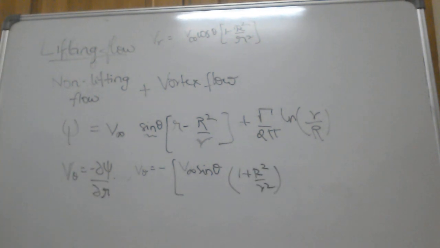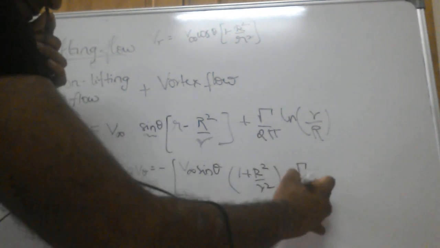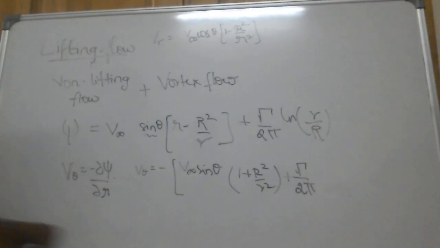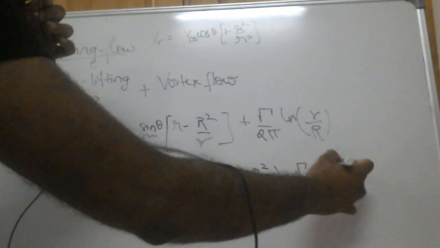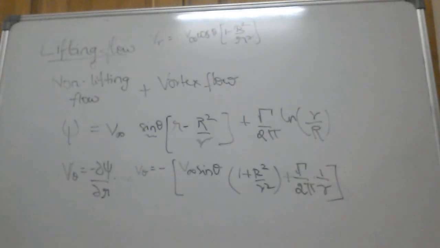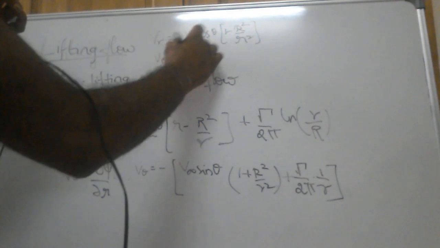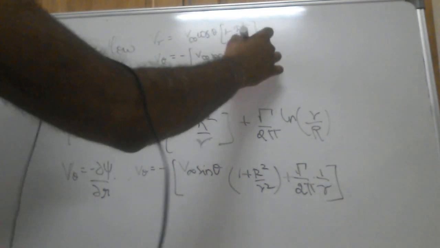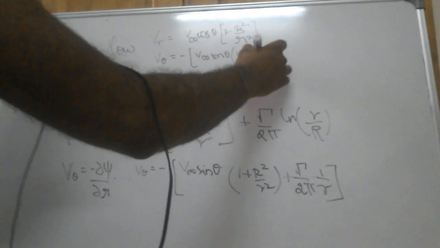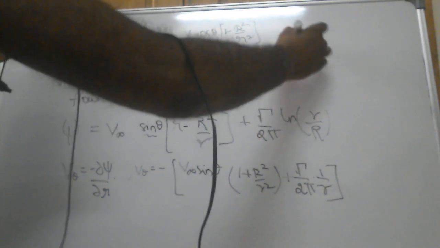Now, if you differentiate this expression, gamma by 2 pi is a constant, and the derivative of ln r is 1 by r. So what we get is therefore V theta is minus of V infinity sine theta into 1 plus capital R squared by small r squared plus gamma by 2 pi r.